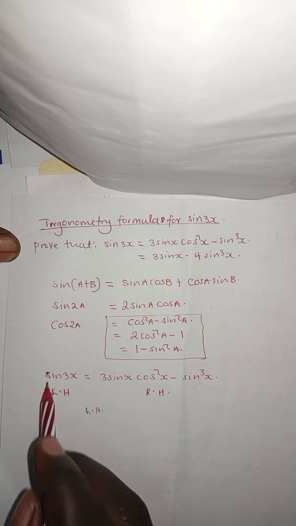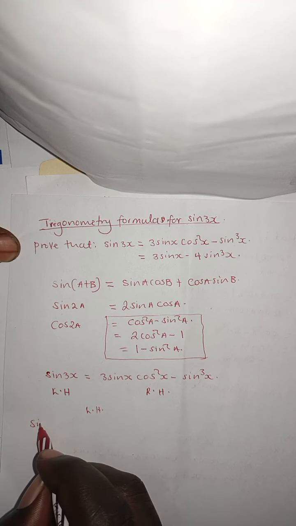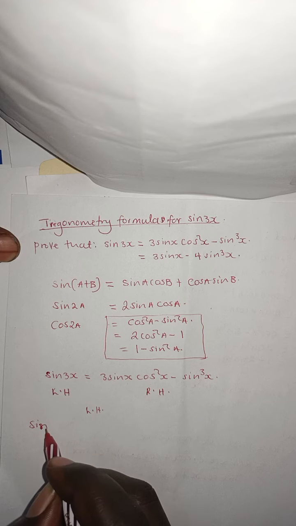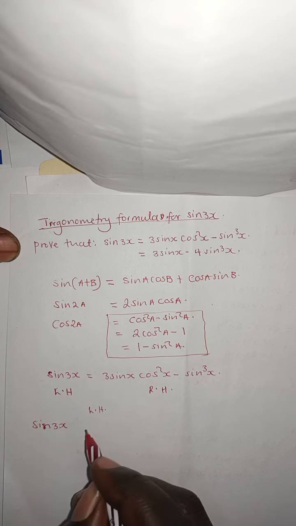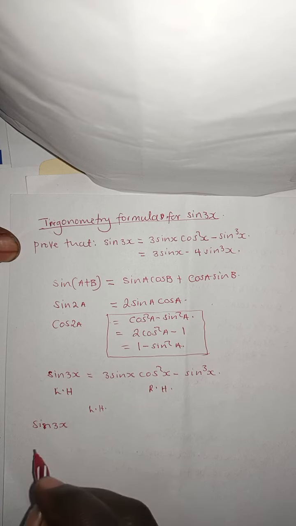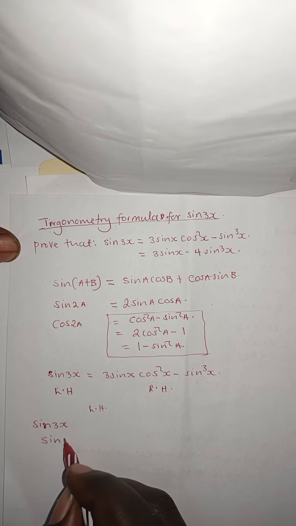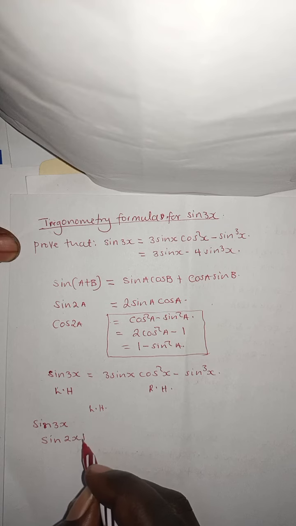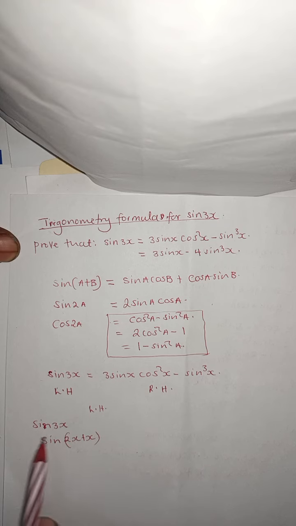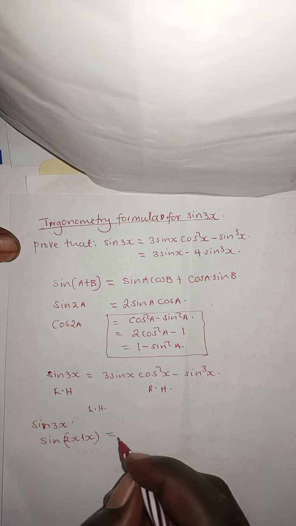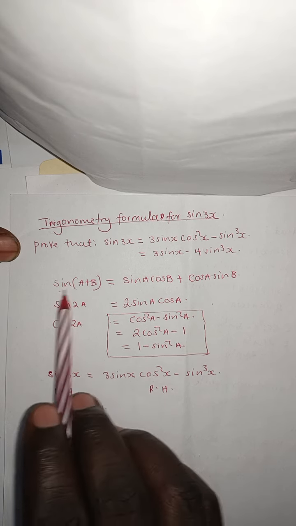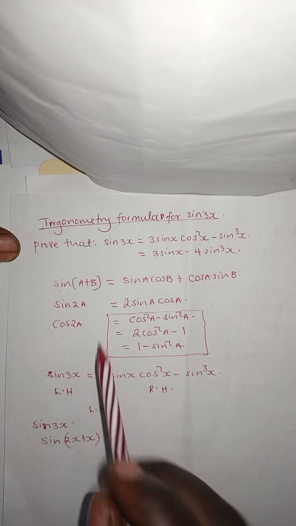Now let us use the left hand side, sin 3x. Sin 3x can be written as sin (2x plus x). So a triple angle can be broken into this. Now go back to the compound angle formula.